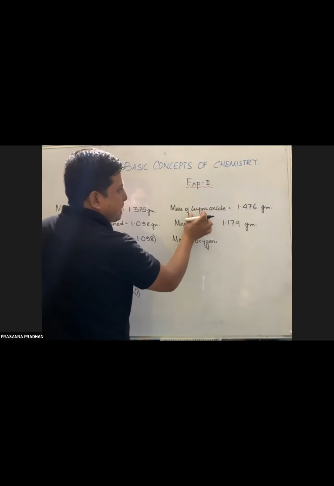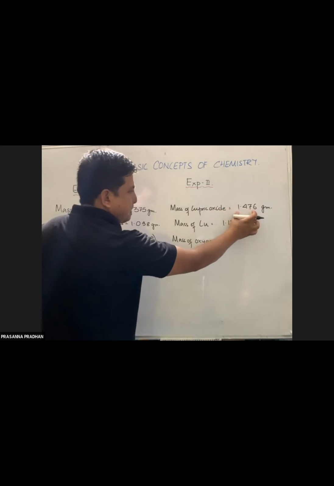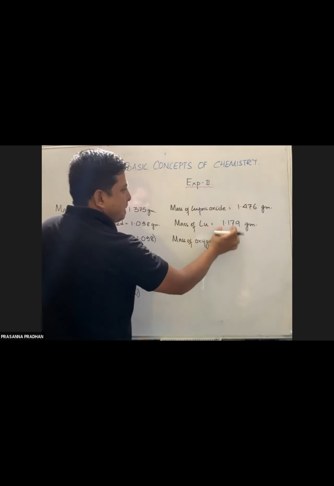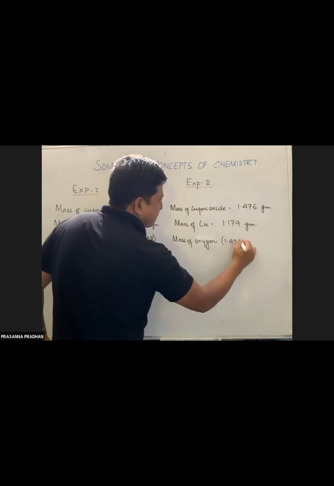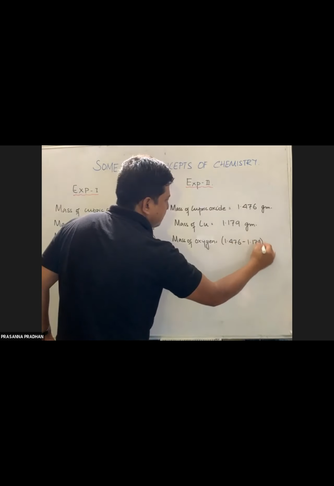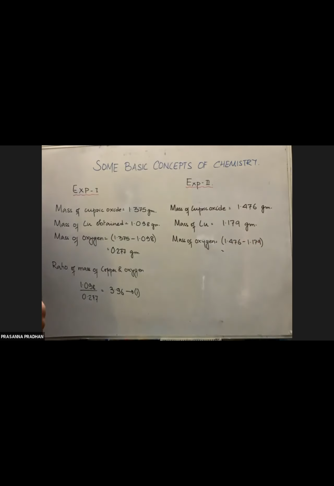Cupric oxide, copper and oxygen total 1.476. From that, 1.476 minus 1.179 is equal to how much? So 0.297.